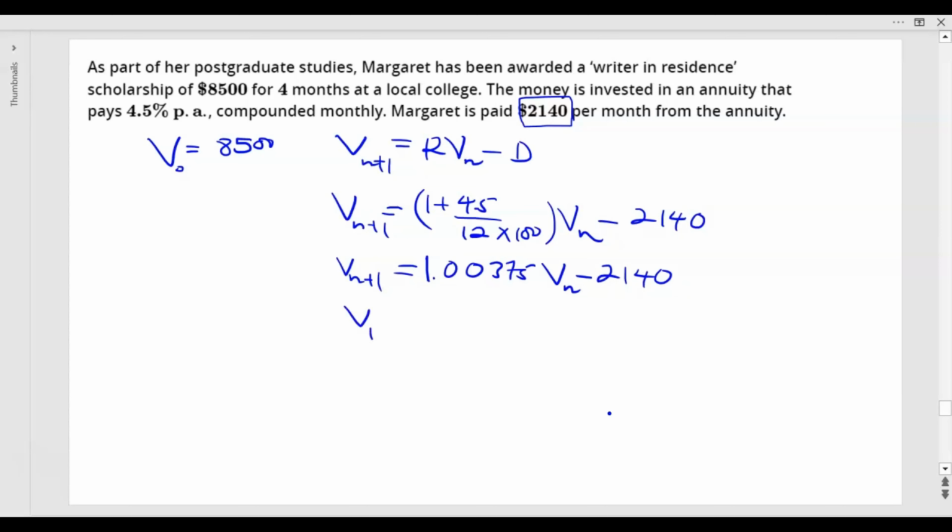So if I want to get the first month, what will be the balance of the investment? This is what I'm going to do. That's going to be V1.